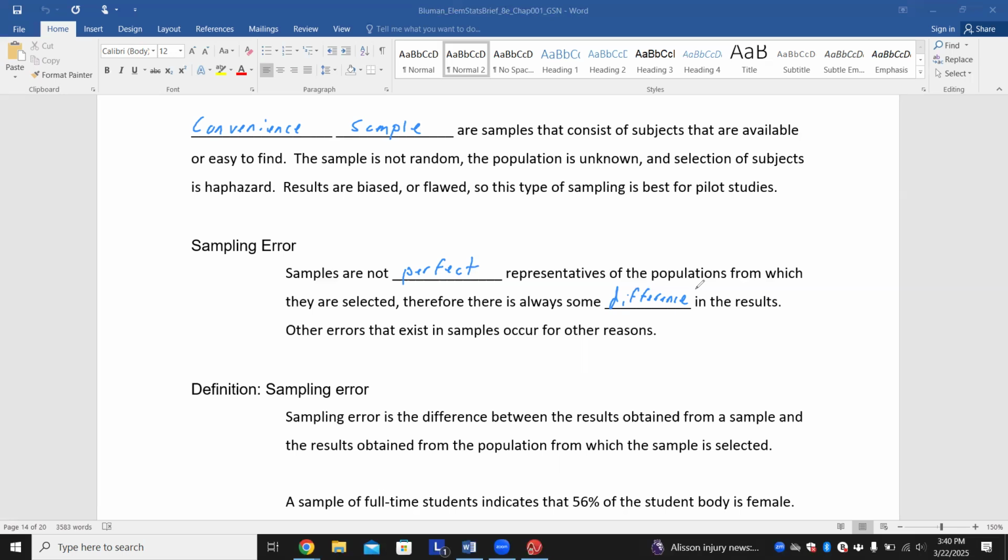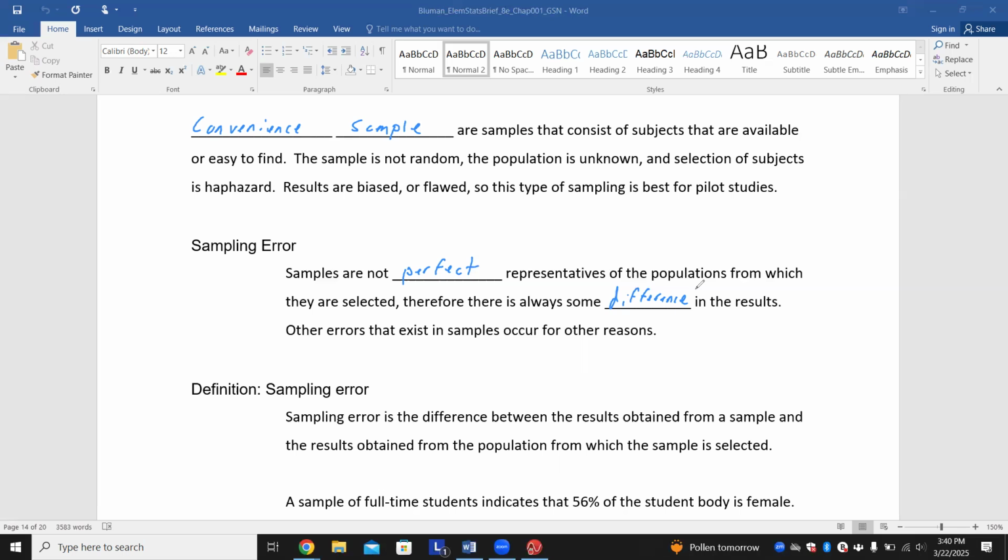Other errors that exist in samples occur for other reasons. Like again, if we are doing a cluster, maybe we want to know how people enjoy math, and we randomly select classes, and one of them happens to be a math class.